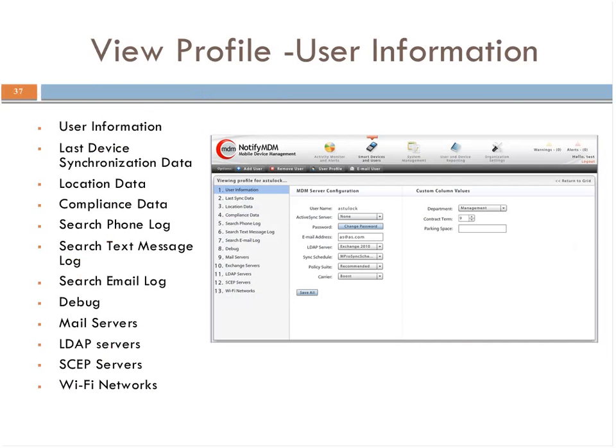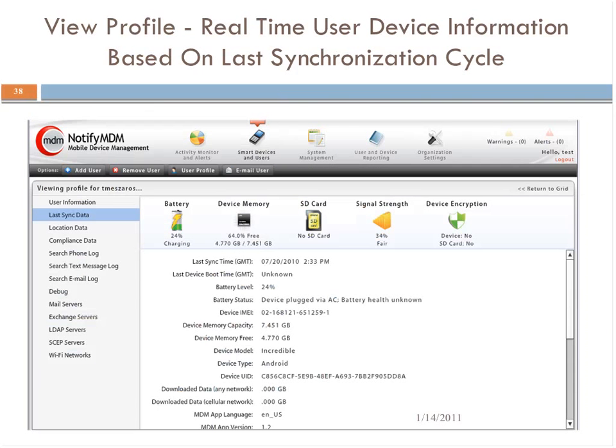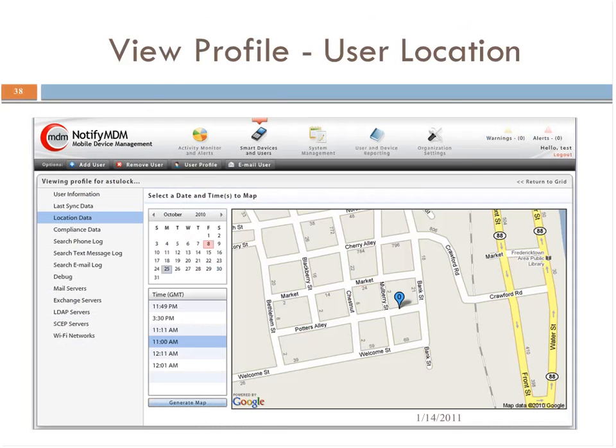Then we get into the user information. Here you can see some more information that we're tracking on the user: last sync time, memory capacity. This is all being done on a device-by-device basis. It's pretty cool stuff. This gives you some real interesting power in managing the devices that are out there.